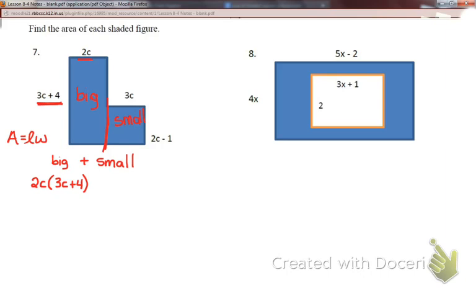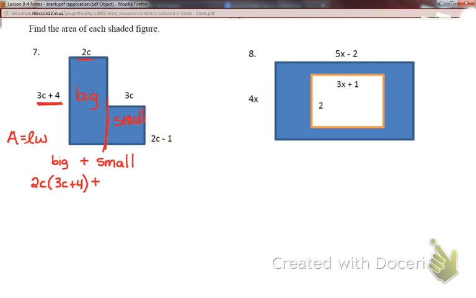Okay, so that was the big rectangle. 2c is the length, 3c plus 4 is the width. You want to show that you're multiplying those, and we can do that by writing them right next to each other like I just did. Then I'm going to put a plus sign to add the small rectangle, but it's the area of the small rectangle, so you got to look at that.